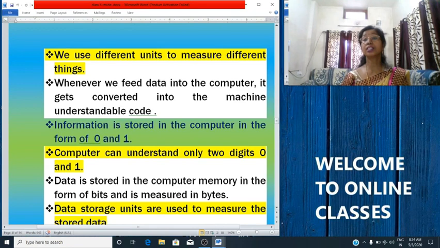A measurement unit measures the quantity of something. We use different units to measure different things. For example, if you go to a shop to buy sugar, you will ask the shopkeeper, give 2 kgs of sugar or 500 grams of sugar. So, grams and kilograms are used to measure weight.